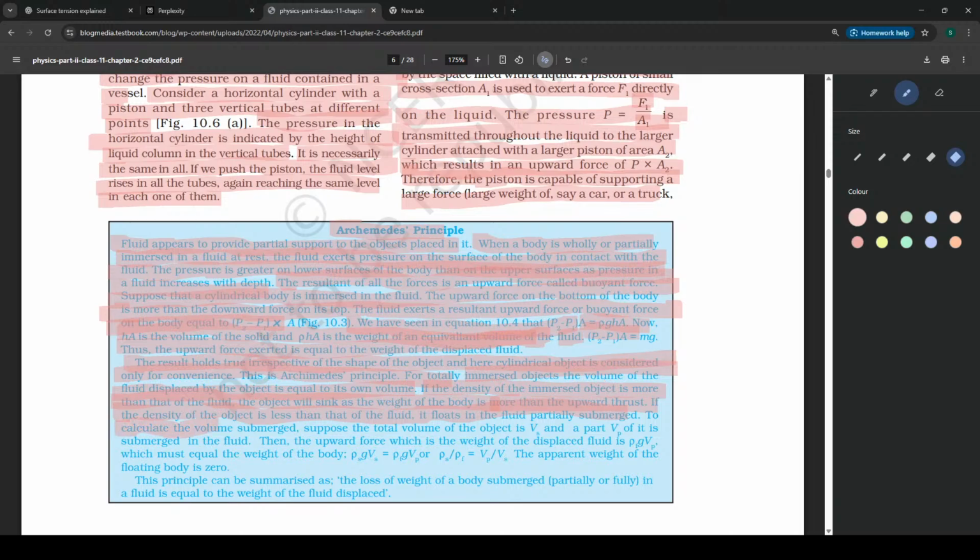To calculate the volume submerged, suppose the total volume of the object is Vs, and a part Vp of it is submerged in the fluid. Then the upward force, which is the weight of the displaced fluid, rho f g Vp, must be equal to the weight of the body.